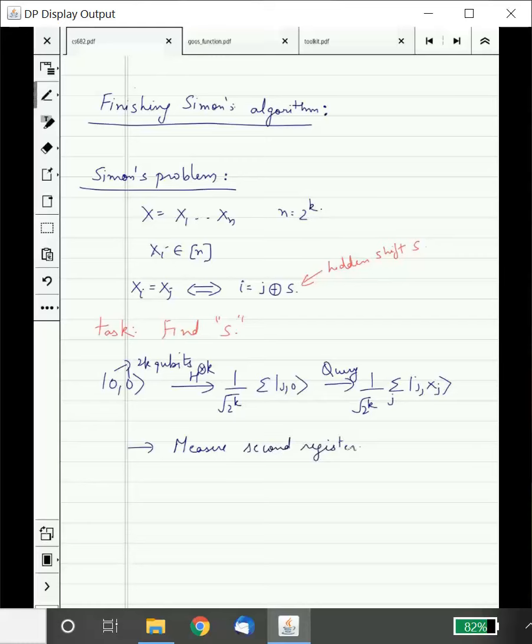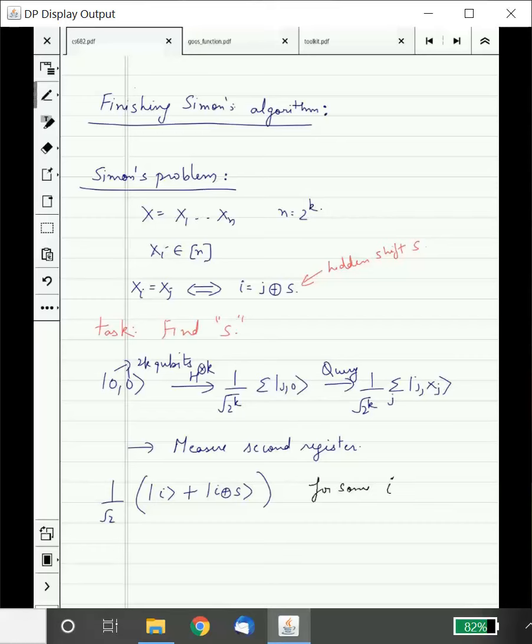This gave me a state which looked like this, a simple plus, for some i with equal probability.